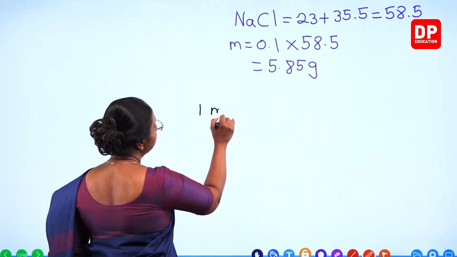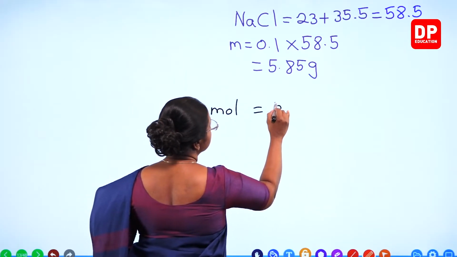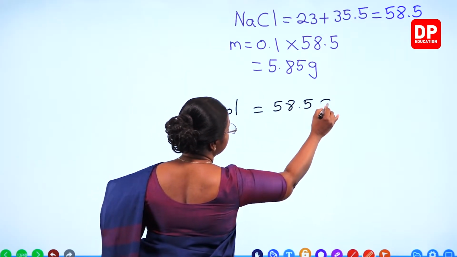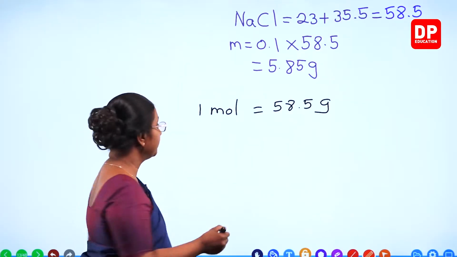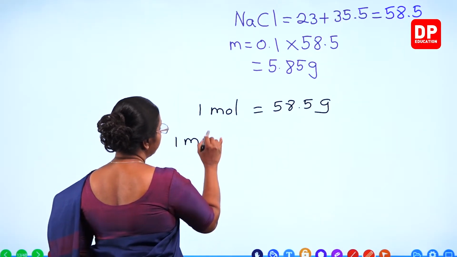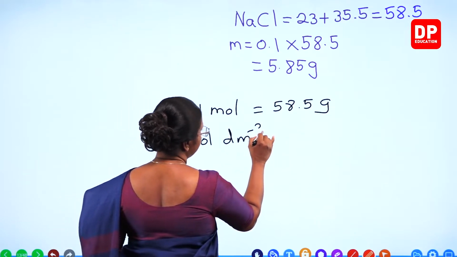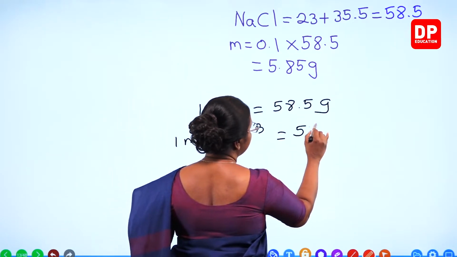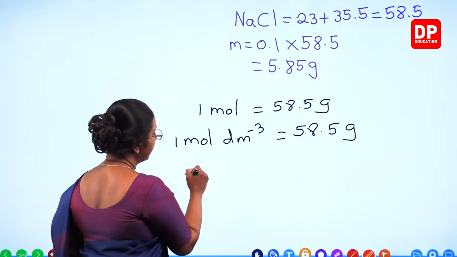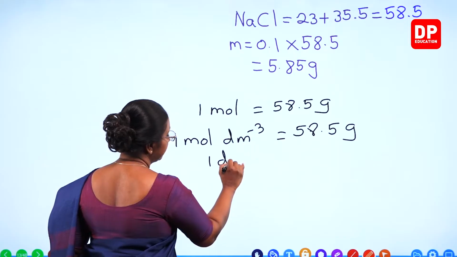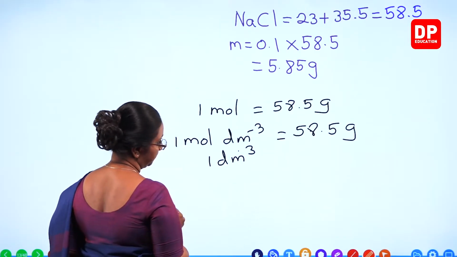Now 1 mole equals 58.5 grams. So, if it is a 1 mole per decimeter cube solution, that will contain 58.5 grams in 1 decimeter cube of solution.